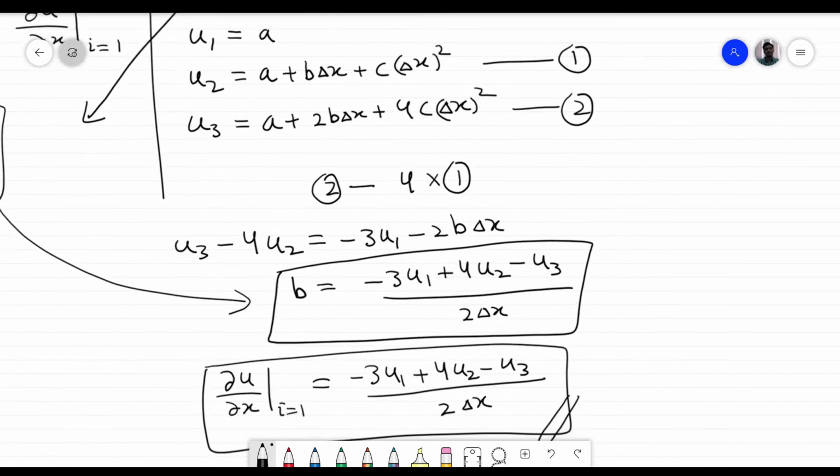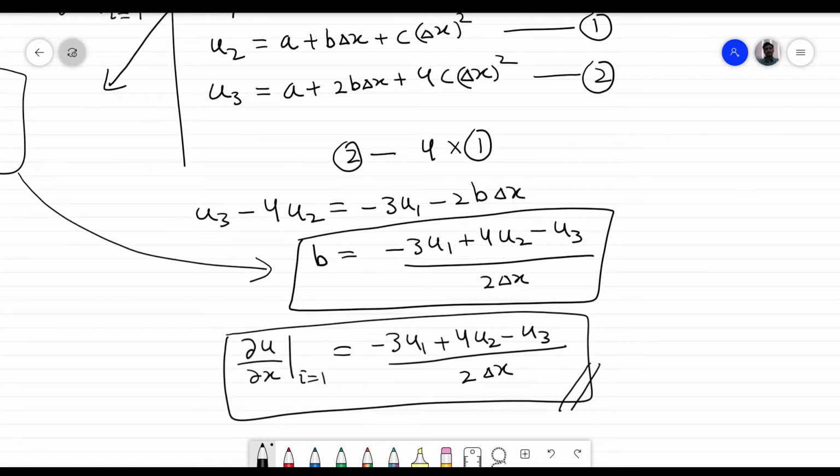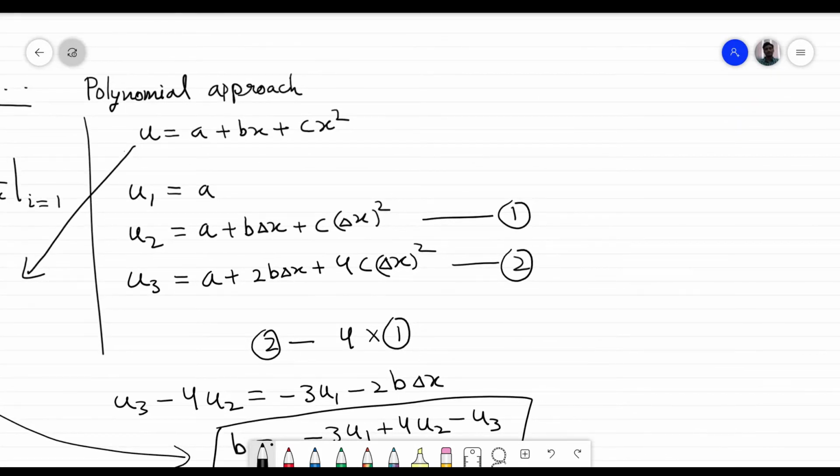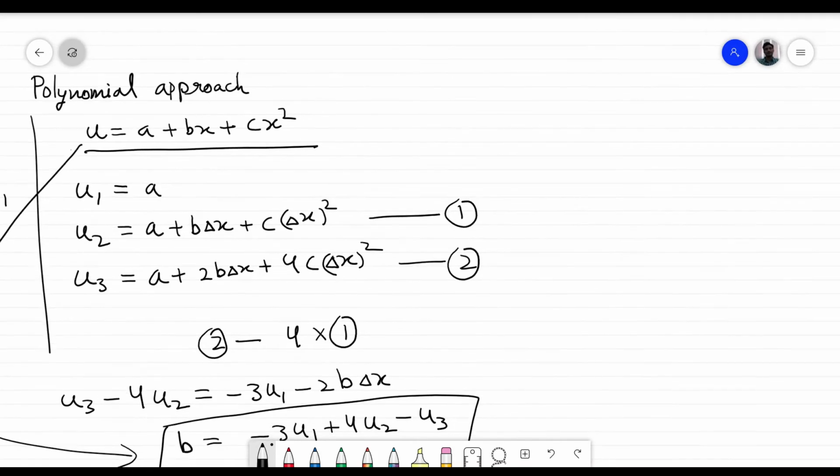Now how does it give us second order accuracy? Let us compare this u equal to a plus bx plus cx square with the Taylor series expansion of u at 1: u at 1 plus dou u by dou x at 1 times x.